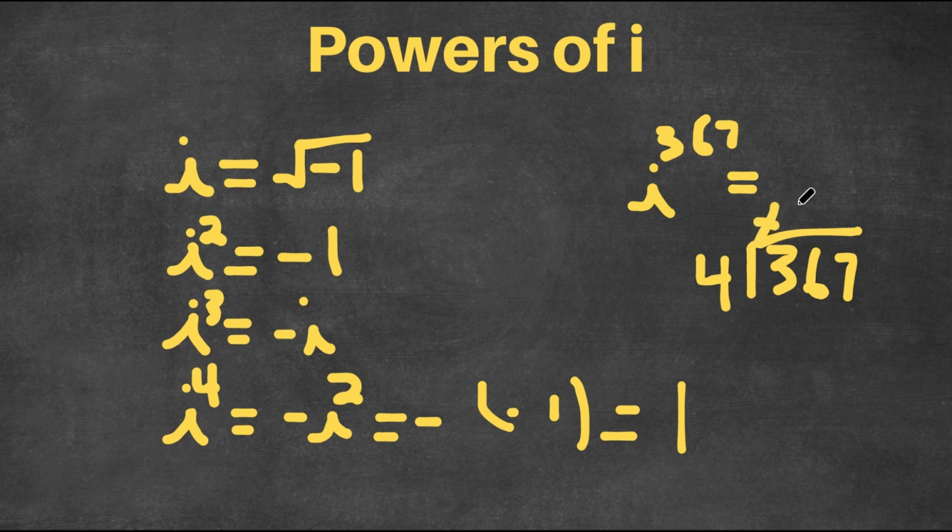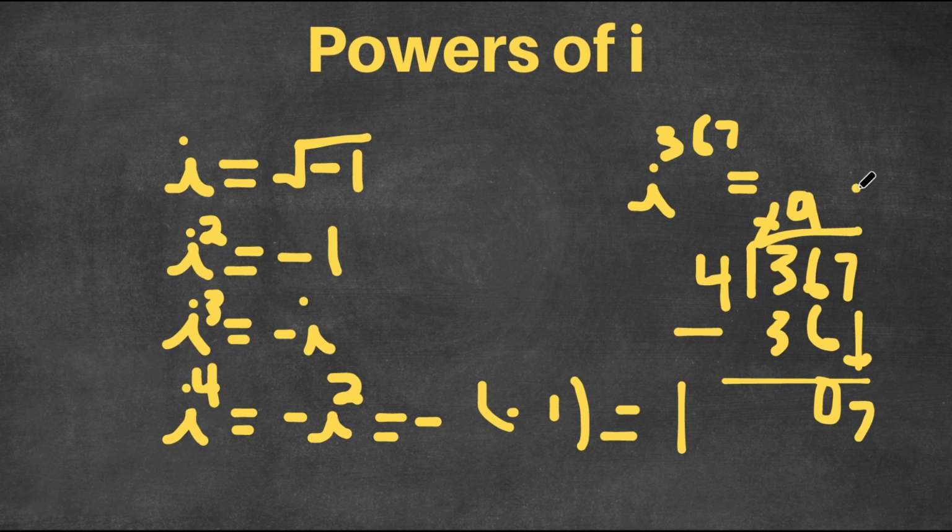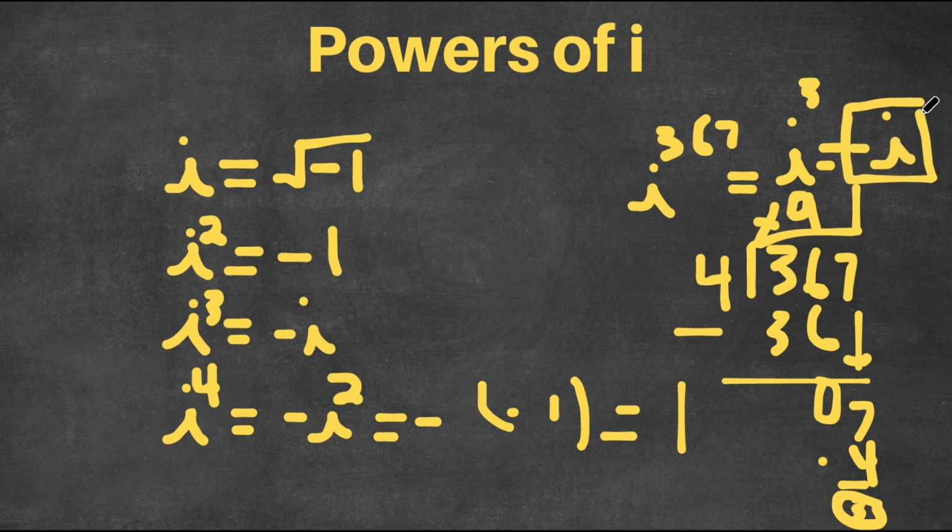So 4 goes into 367, drop down the 7, 91 times, and we have a remainder of 3. So remember, we always pay attention to our remainder. That's the only thing we pay attention to. So we're going to do i to the power of the remainder, which is 3. And remember, we already know i to the power of 3 is -i. So our answer to this is -i.